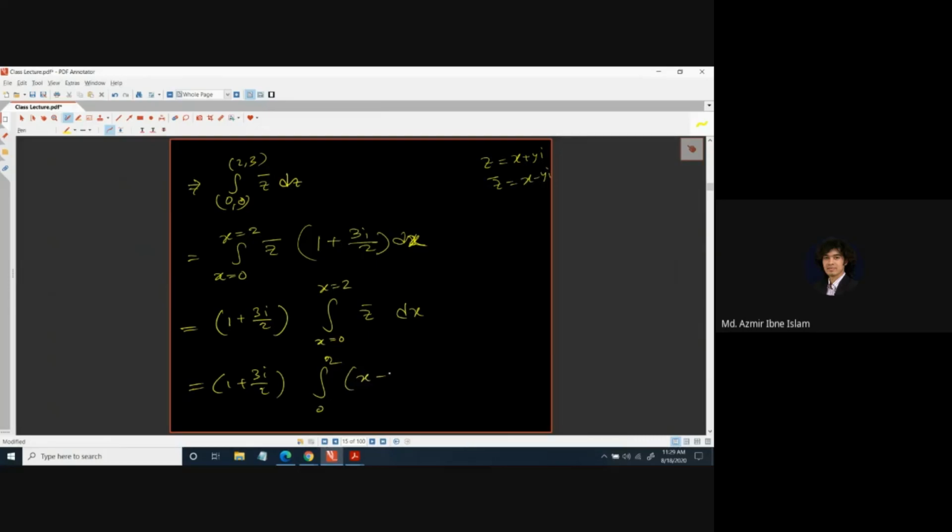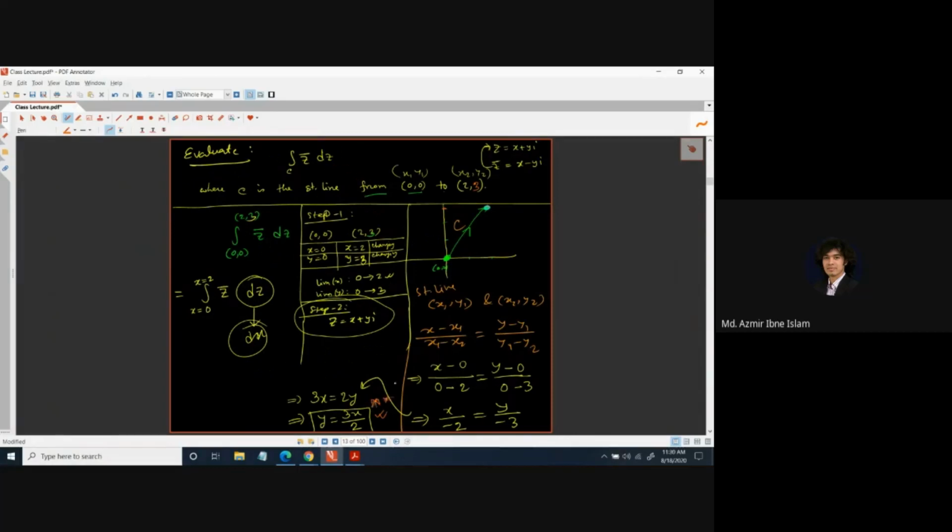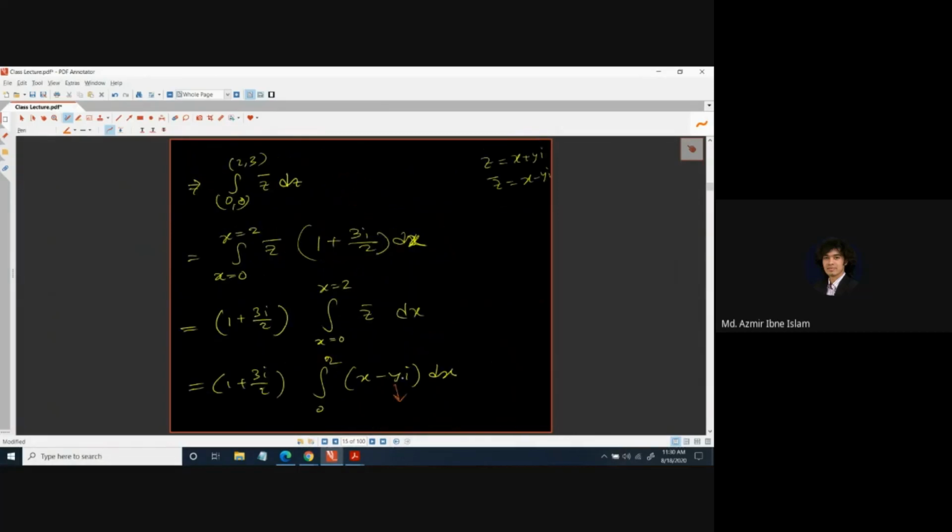So it is (x negative yi) dx. See, we are integrating in terms of x, so no y is allowed. So again, we have to replace y with 3x by 2, because we have found y as 3x by 2. Do you understand my point?